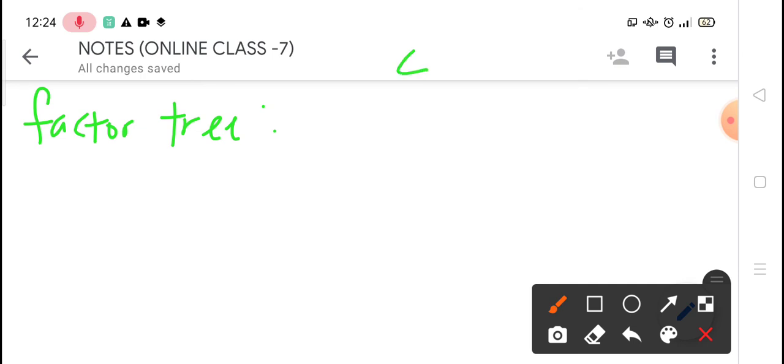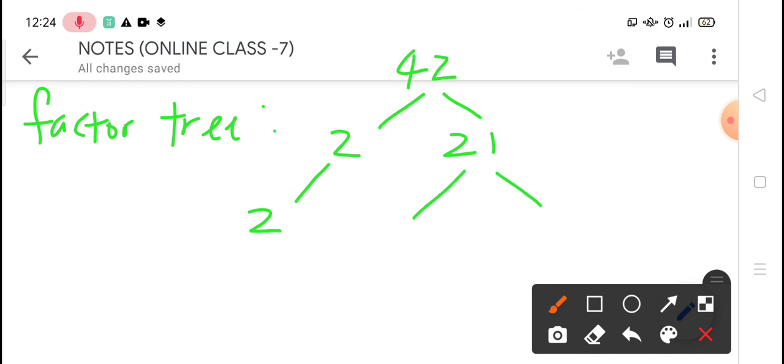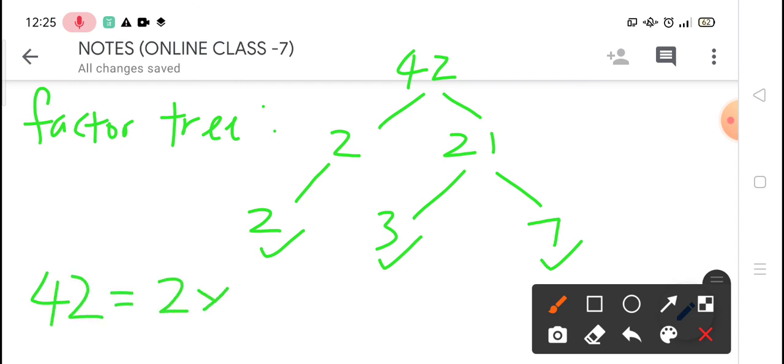So I will have 42, and I try to break it. 42 can be 2 multiply 21. 2 is already a prime number, so I just bring it down. At 21, I can break it to 3 and 7. So check: 2 is a prime number, 3 is a prime number, 7 is also a prime number. So at last, I can say that 42 is 2 multiply 3 multiply 7.